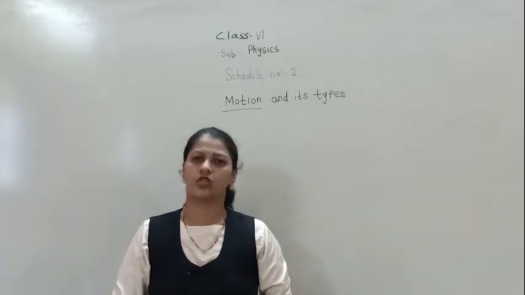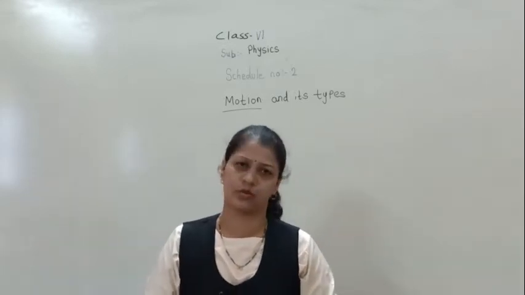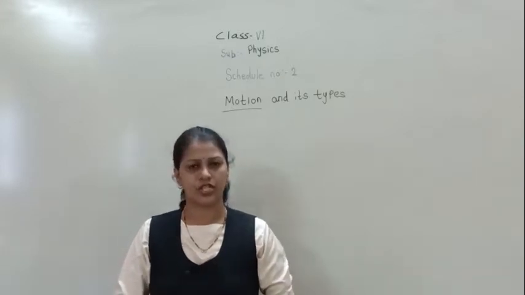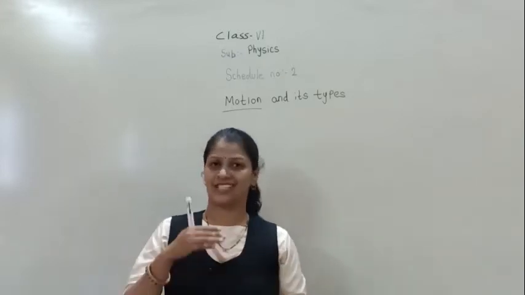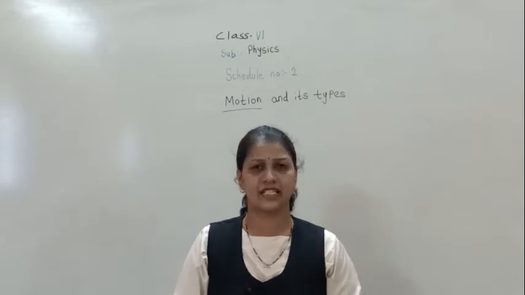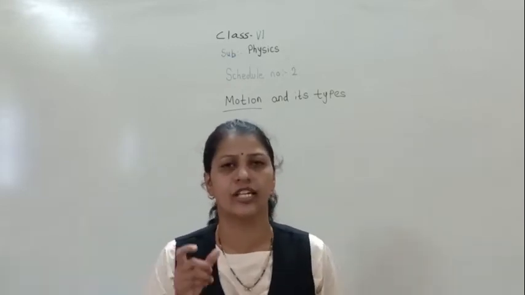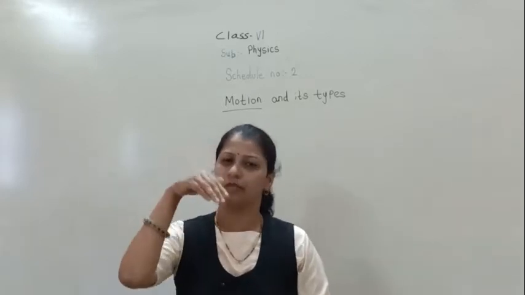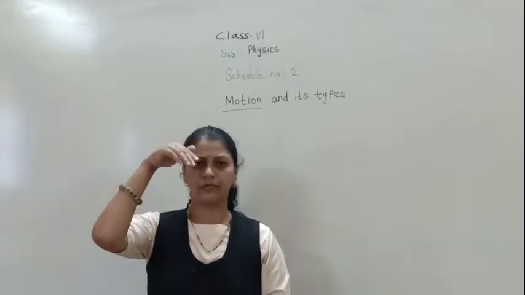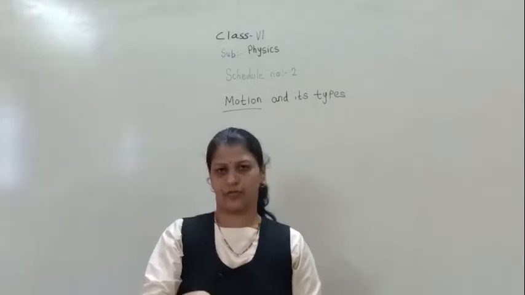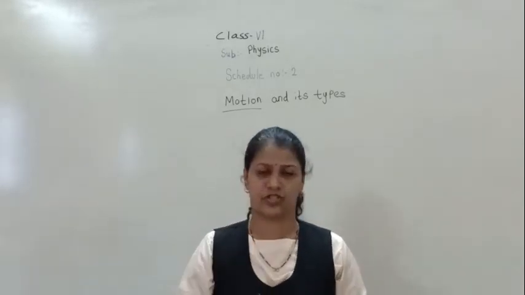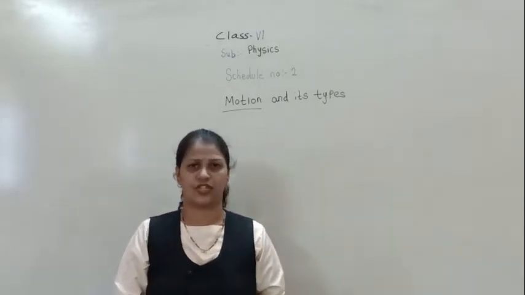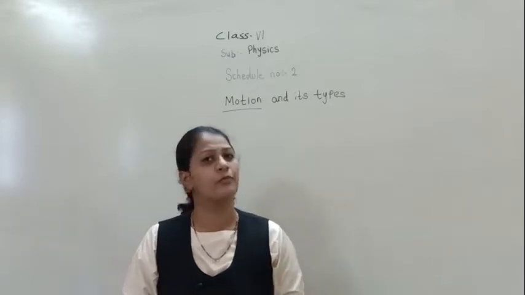Such a motion is called uniform motion. Non-uniform motion means which moves in a straight line, but the speed is not constant. For example, a boy moving down a slide. That child is moving in a straight position, but the speed is changing. So that is non-uniform motion.